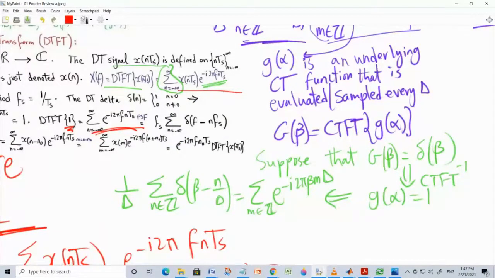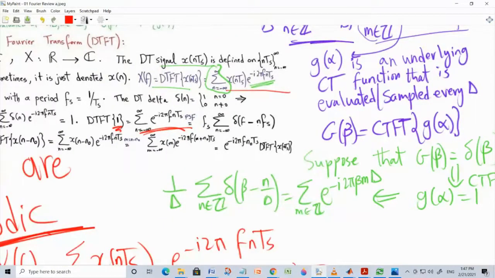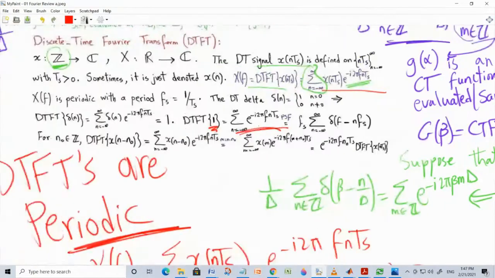So basically, this summation is a train of Dirac deltas that are spaced by Fs, where Fs is 1 over Ts. So again, the train of Dirac deltas is fundamental, and we just have to make good use of it, and it is what we employ to model a signal being converted from continuous time to discrete time.